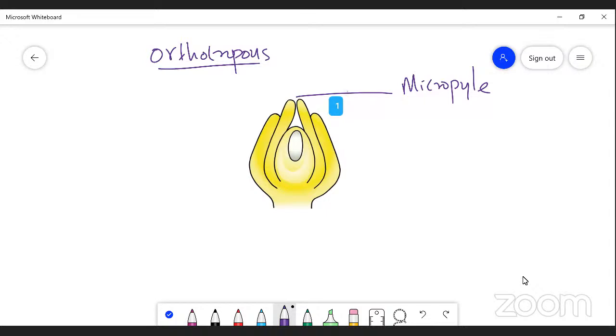The lower part of the ovule is called the chalazal part. The chalazal region is the lower side of the ovule, in which the central part is called the embryo sac. So the embryo sac is placed at the center.